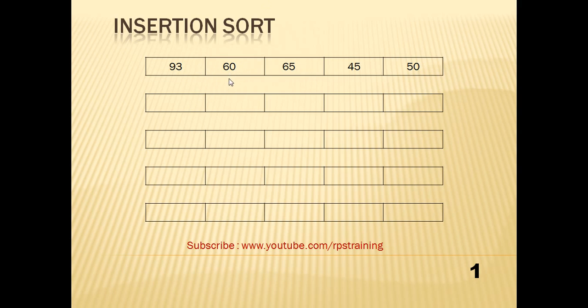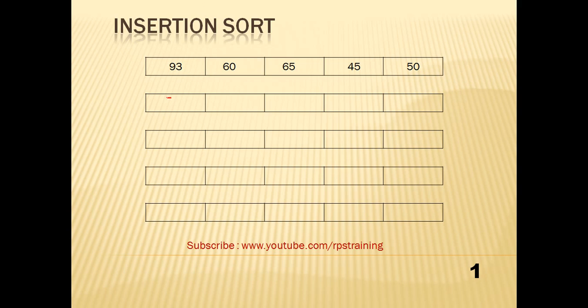If we insert the second item, at first these two elements will be compared, 93 and 60, and here 93 is greater than 60, so one interchange will be done.